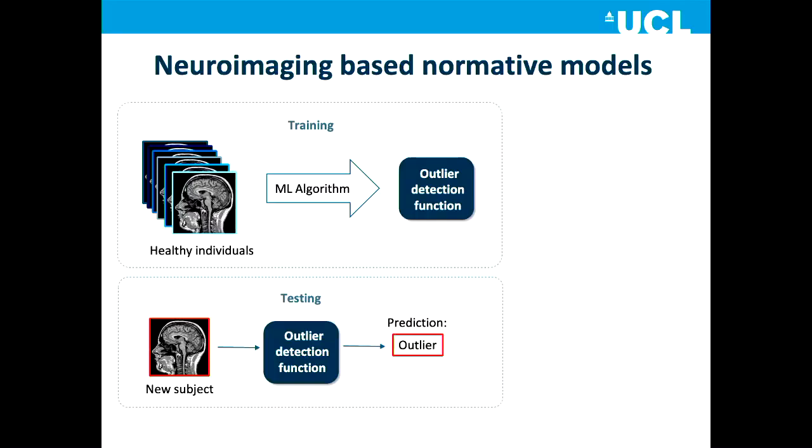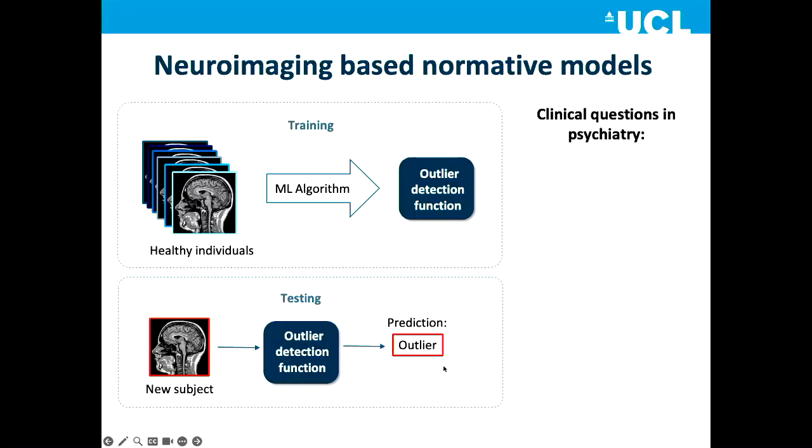In this framework, we train the outlier detection algorithm with data from a healthy or general population. The output of the training is an outlier detection function, and we can apply it to new test data to predict if they are outliers or not with respect to this normative group.